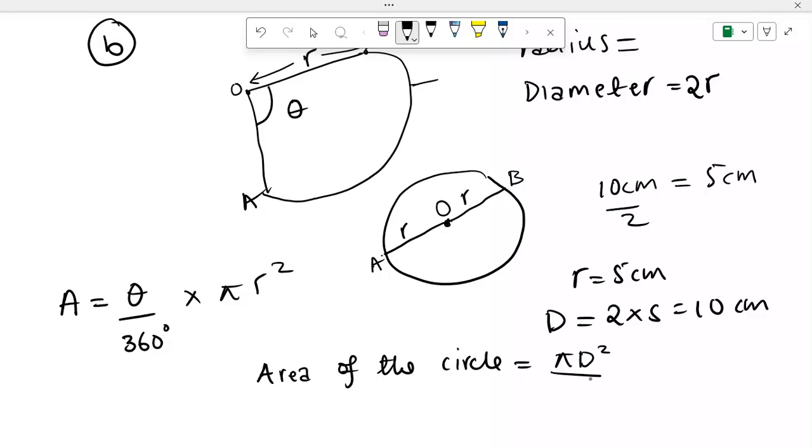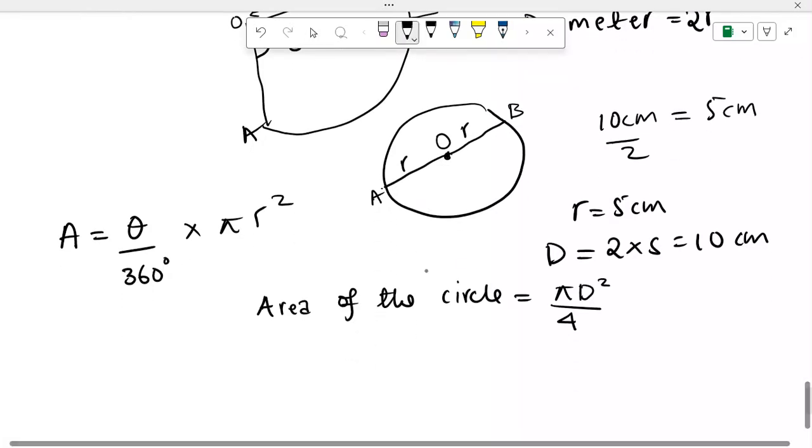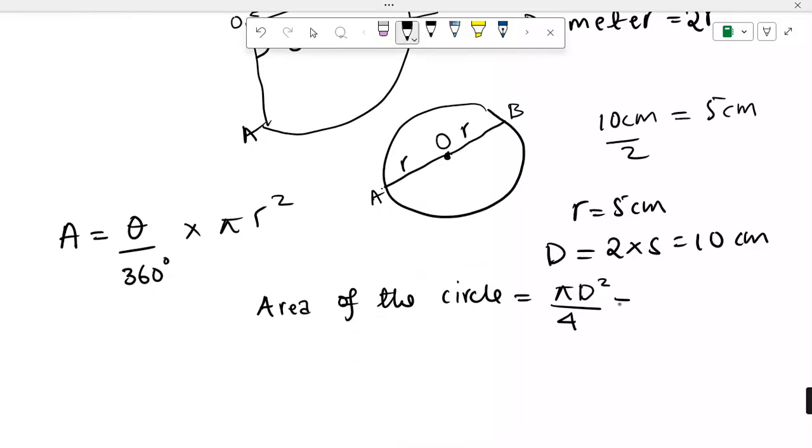I like using this one, pi d squared over 4. If you replace the radius, diameter is 2r, so write 2r here, squared, over 4.